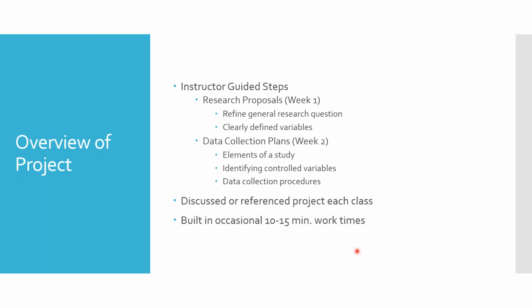Then in week 2, we got into the data collection plan. That's where we went through how you get data, the different sources of it, the elements of a study design, trying to think about controlled variables or potential lurking variables, as well as the procedures of collecting the data. In each class, at least those first two weeks and throughout the whole project, I tried to discuss or at least reference the project.